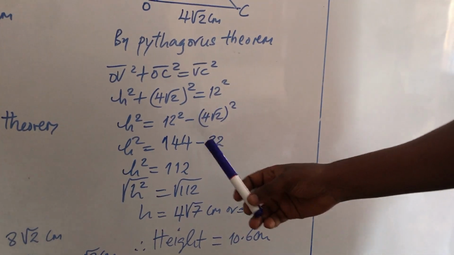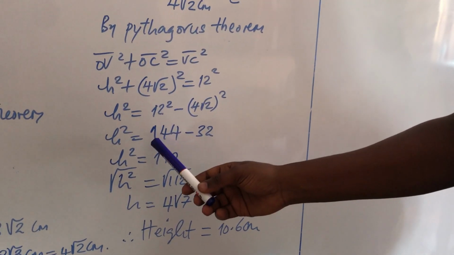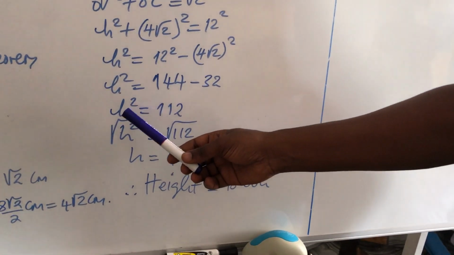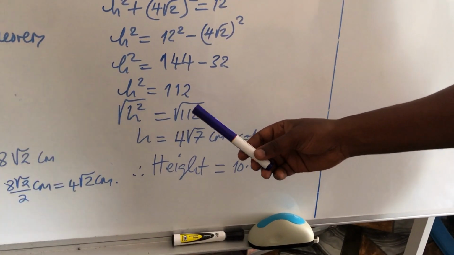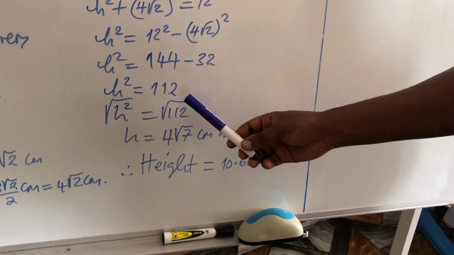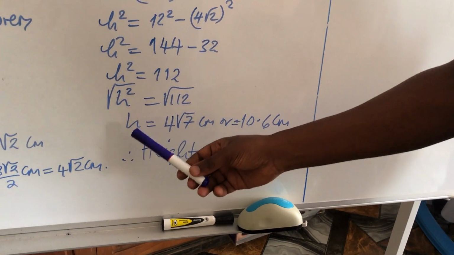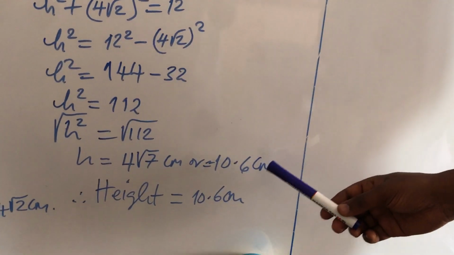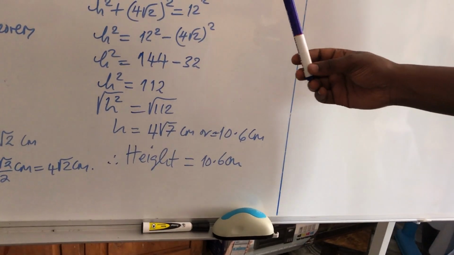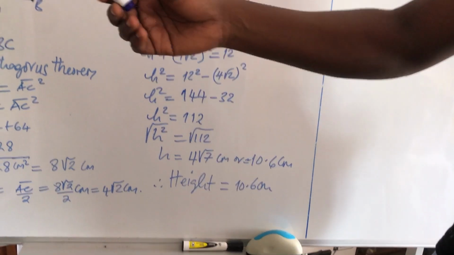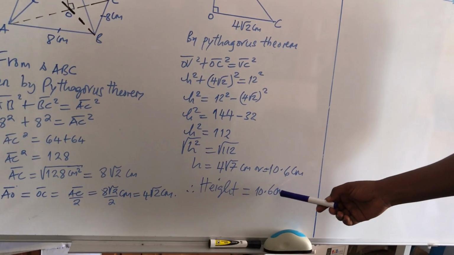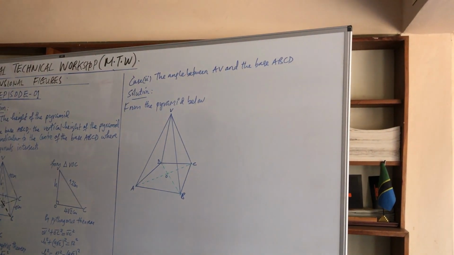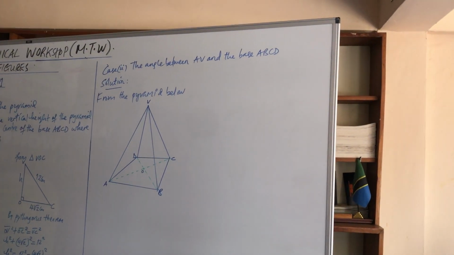Operating, 12 square is 144, minus 32, so H square is 112. Square rooting both sides, H equals 4 radical 7 centimeters, which equals 10.60 centimeters. There we can say the height of this pyramid is approximately 10.60 centimeters.